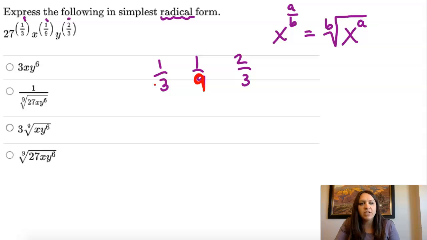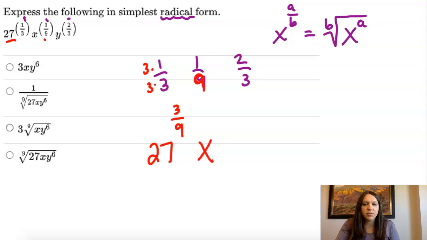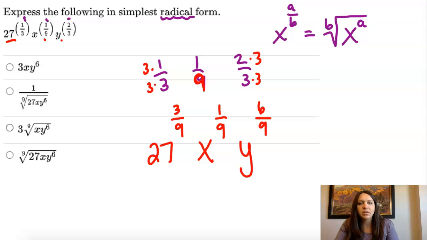So I'm going to change this fraction for 27 to 3/9, and then this one with x to the 1/9, that's going to stay the same, and then the y, that multiplies by 3, would be 6/9.